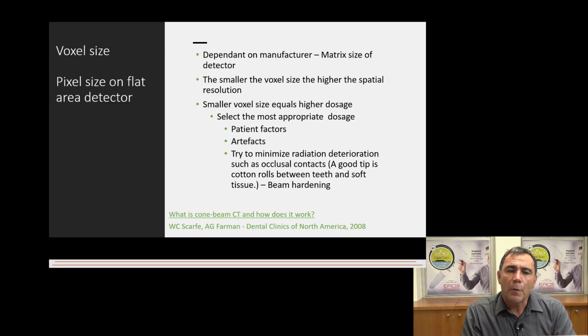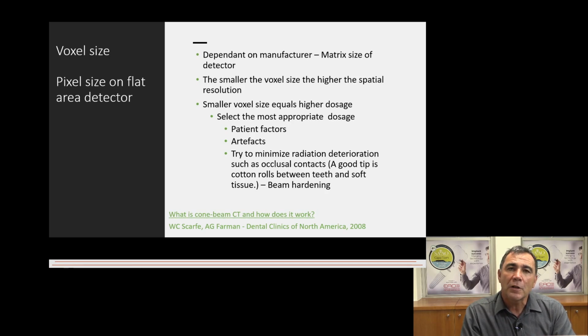The dosage obviously depends on the patient factors and the artifacts that are created, mostly for us by fillings, crowns and posts. All of those give artifacts, and the artifacts take up the beam of the X-ray that goes through, and it cannot be interpreted. Try to minimize radiation deterioration, such as from occlusal contacts.